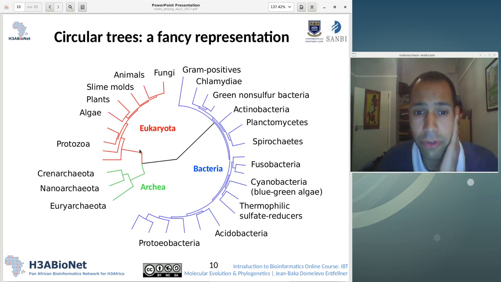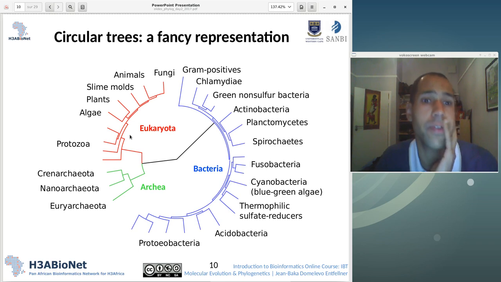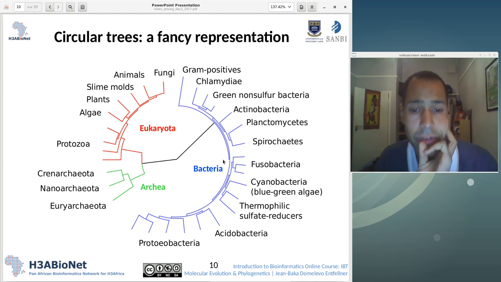Another representation for trees is the circular representation. That's quite nice. Beware when you see such a tree. Very often the branch length don't necessarily make sense.